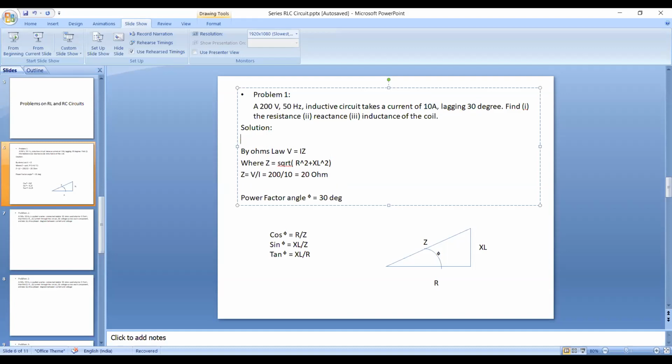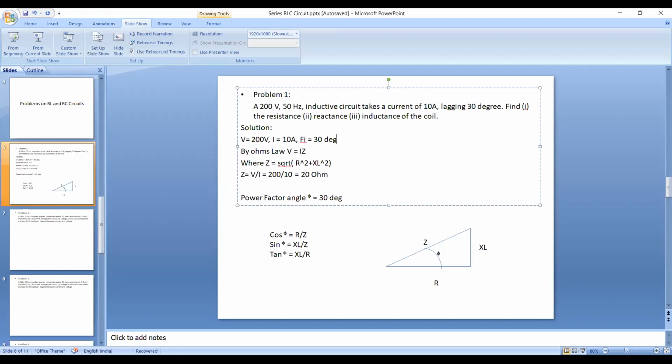So in the solution, V is equal to 200 volt, I is equal to 10 amperes. And phi, I cannot write the symbol phi, hence I'll just use Fi. Fi represents the phase angle, which is given as 30 degrees.